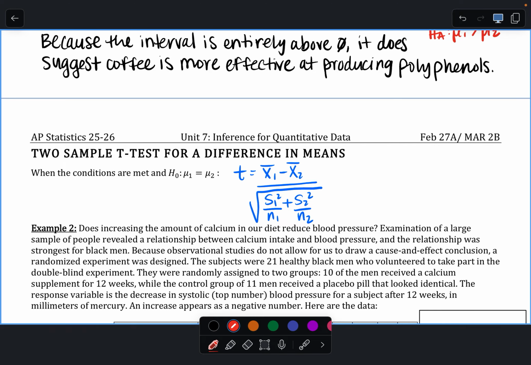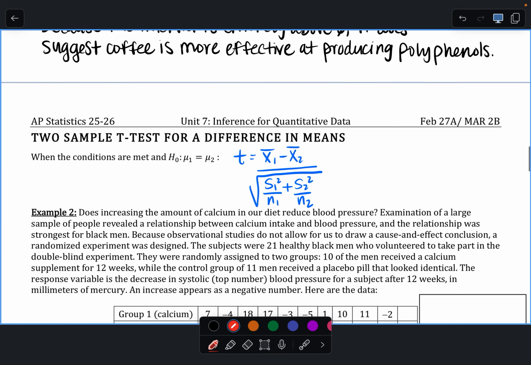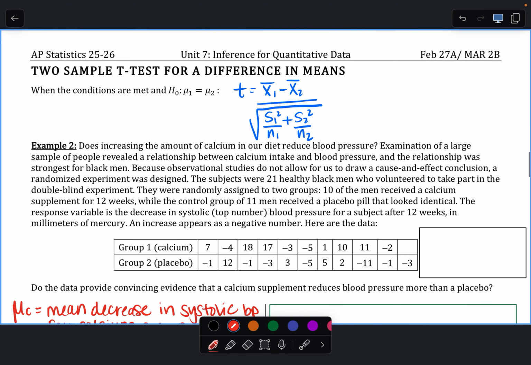So this one is going to, again, feel pretty similar. The only thing that might seem a little bit off is the x1 minus x2 being the only thing in the numerator. Remember when I have my null is mu1 equals mu2, another way of writing that is mu1 minus mu2 is equal to 0.